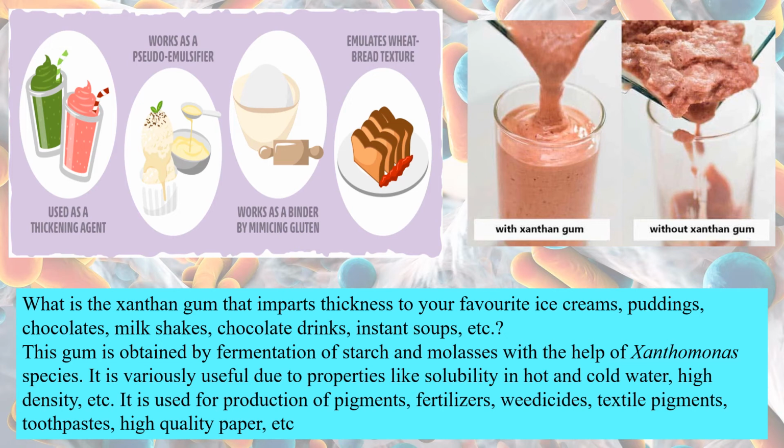High density, etc. It is used for production of pigments, fertilizers, weedicides, textile pigments, toothpaste, and high quality paper as well. Okay, so I hope this much is clear how xanthan gum imparts thickness to your favorite ice creams and milkshakes, and how it is also useful in the production of pigments, fertilizers, paper, toothpaste, etc.